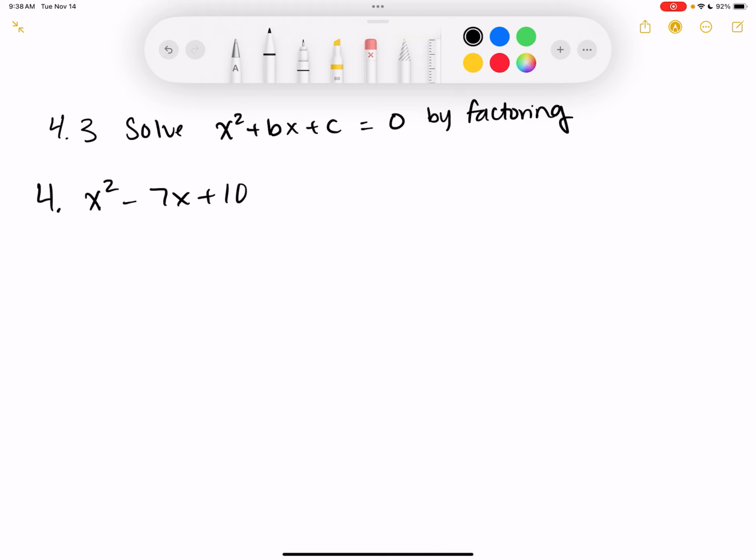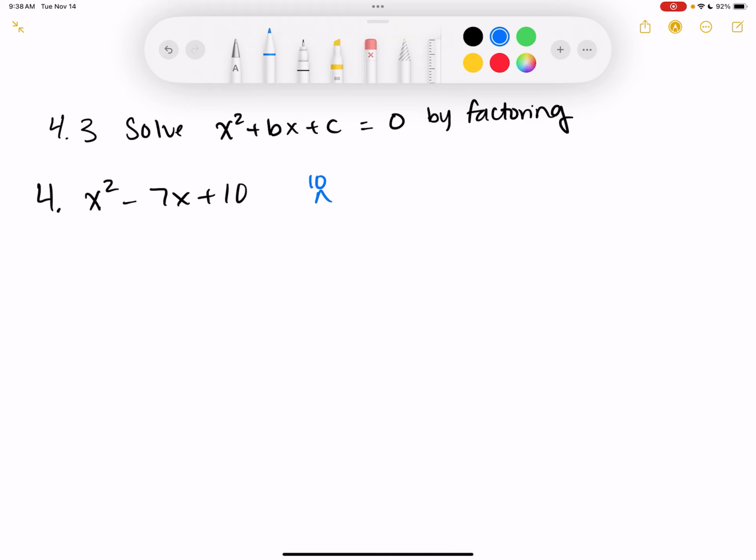So, when we do this, we are looking at factors of, in this case, 10, that when we add or subtract them, they give us -7. I'm going to do this one more detailed, and then from there, we don't have to do all this.